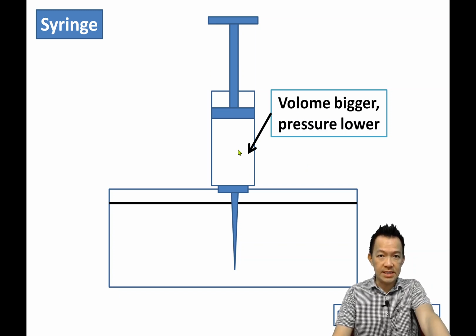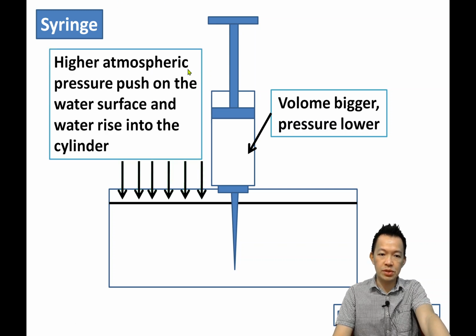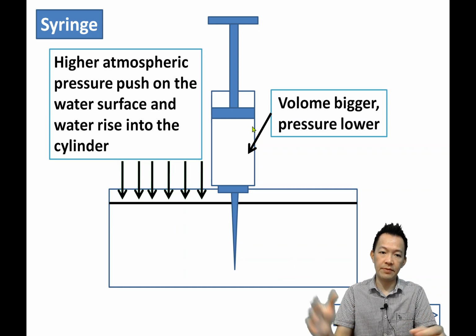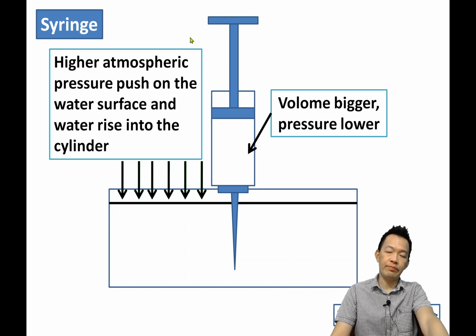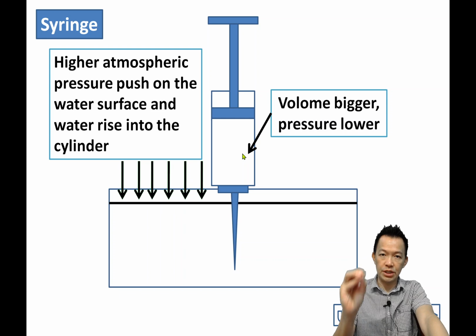When the air pressure inside the cylinder becomes lower, the higher atmospheric pressure pushes on the water surface, 推着水的表面, and forces the water to rise into the cylinder, 把水呢逼进去，对不对？ 所以这边的压力一低，马上同时发生，higher atmospheric pressure pushes on the water surface and forces the water into the syringe, 然后就把我们的水呢推上去。OK, so this is how the syringe works.